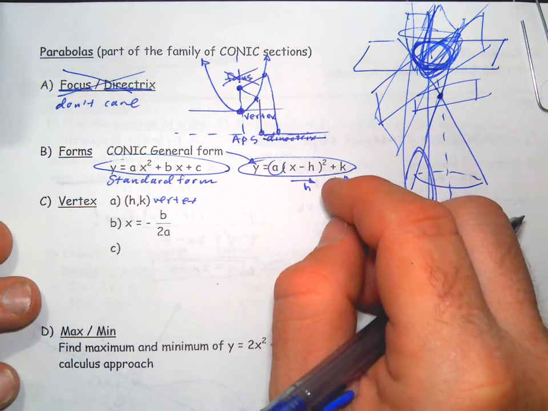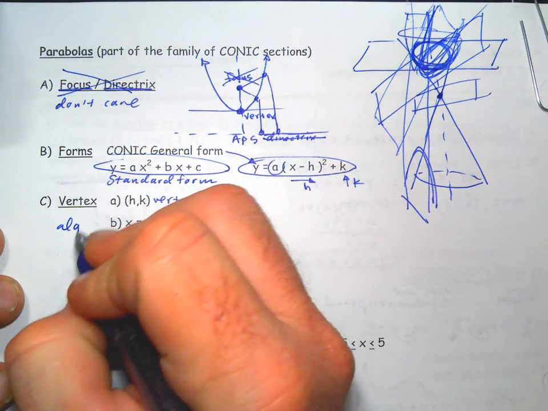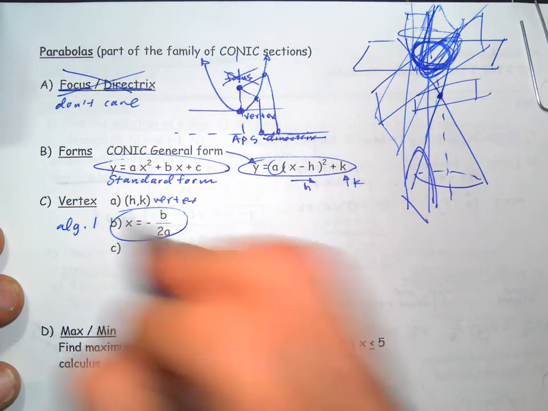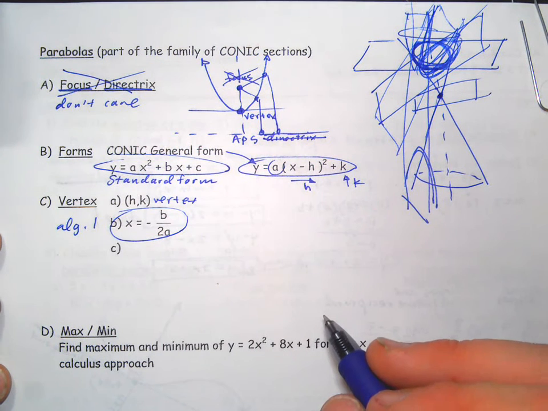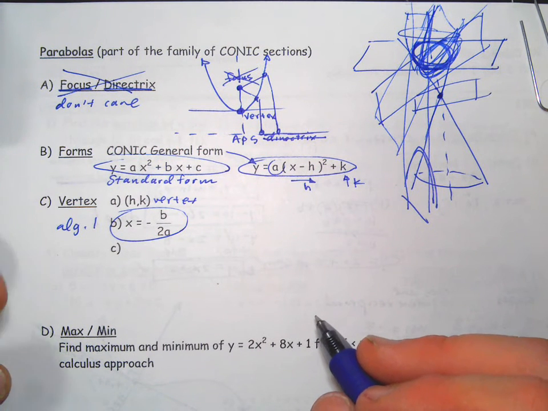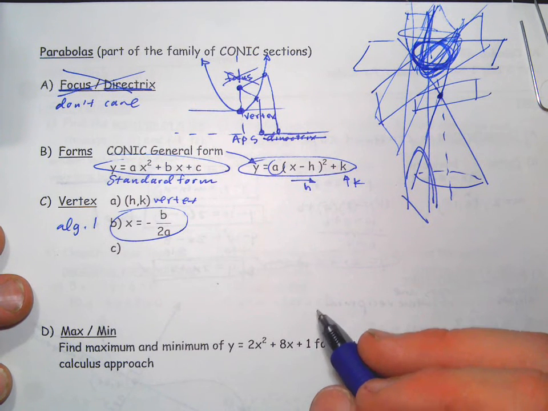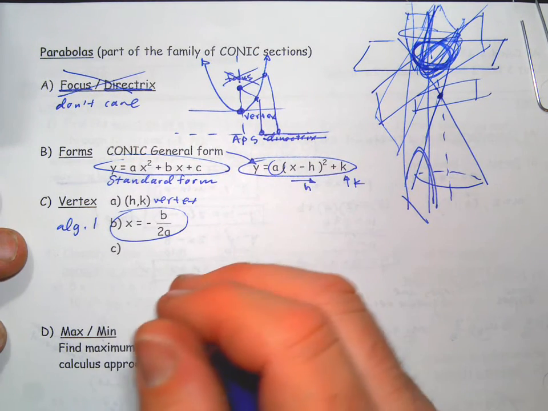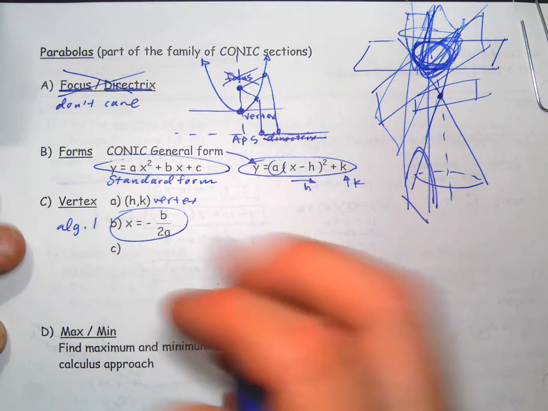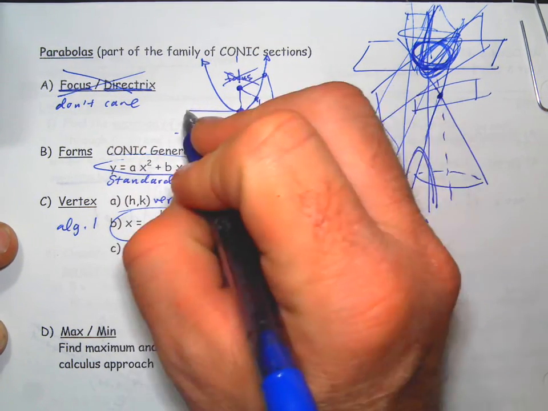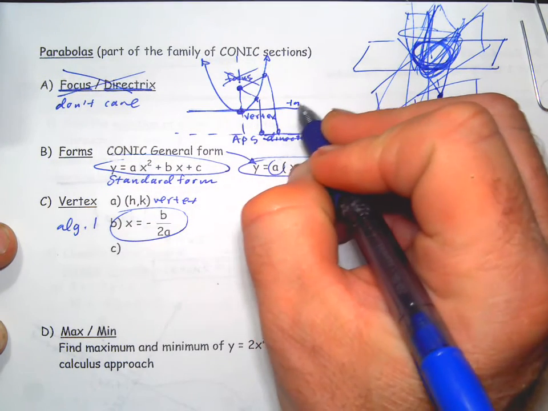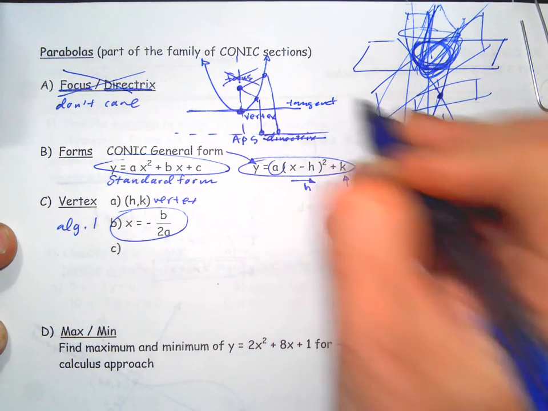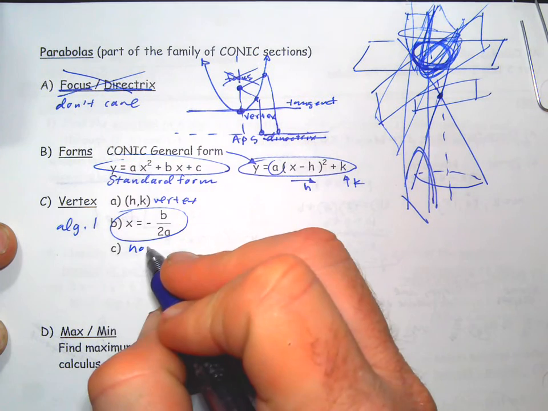Now, back in Algebra 1, you probably memorized that this is how you find the location of the vertex. This formula, x equals negative b over 2a. But we're not going to memorize that. We're going to use calculus. Calculus can determine this location pretty easily. At the vertex, the tangent line is always going to be horizontal, flat.